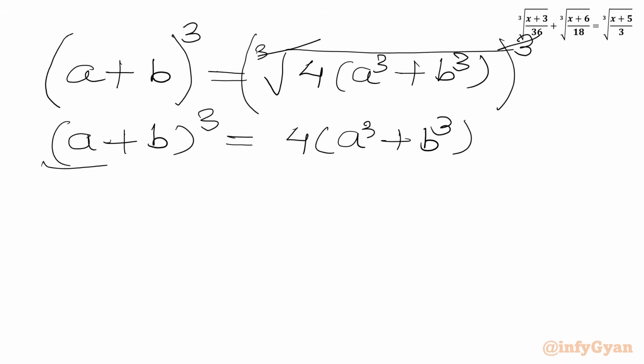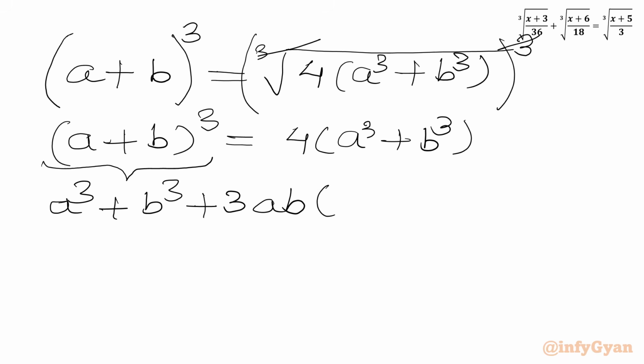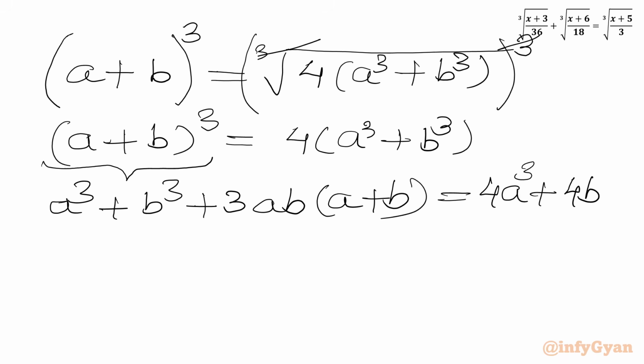Now we will apply the a plus b whole cube formula here. So we can write a cube plus b cube plus 3ab times a plus b, and RHS will be 4a cube plus 4b cube.